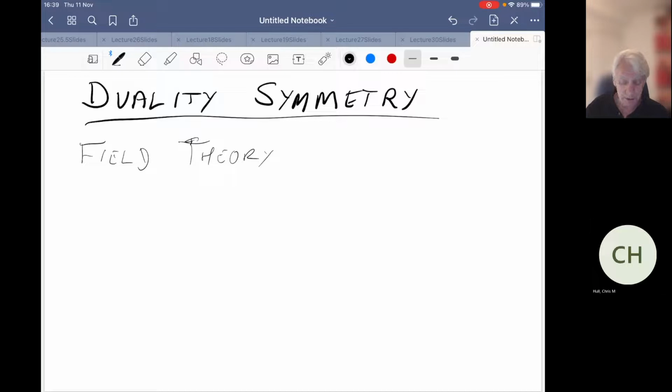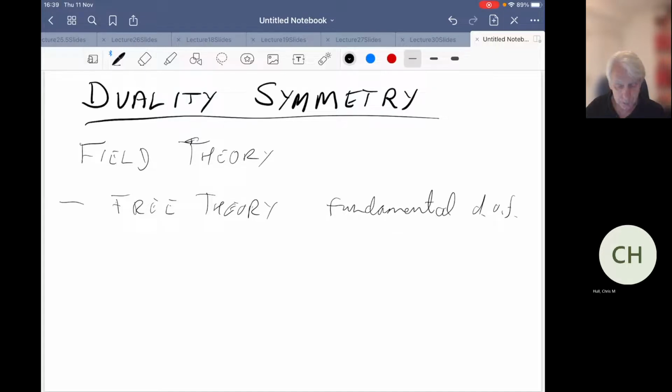So in perturbation theory, the typical way of thinking about this is one starts off with a free theory, a basic set of fields representing the fundamental degrees of freedom. And then one adds interactions, given by non-quadratic terms in the Lagrangian, each of which is governed by a coupling constant.